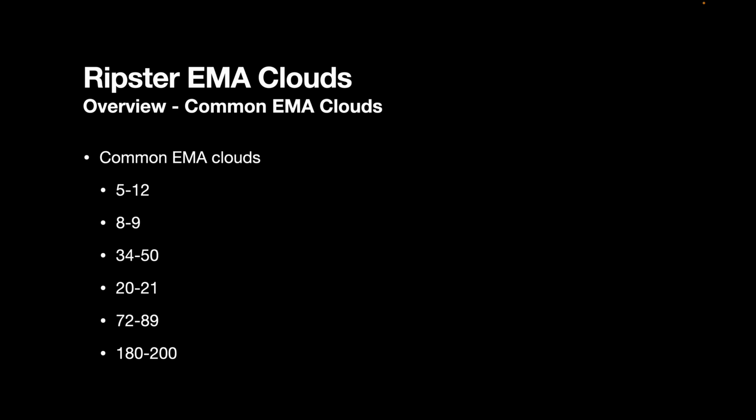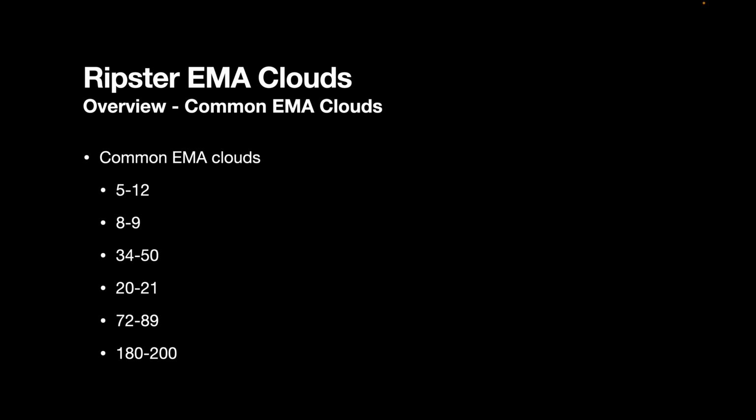So common EMA clouds, these are the ones that you'll typically find in Ripster's versions of the indicator, and I also have them in the one that I built for Thinkorswim. So you have the option of changing these however you want. I use the default ones that he uses. So there's a 5-12. You can add an 8-9, which is typically used for pullbacks. There's a 34-50, which is typically used for trend, and we'll talk a little bit about his golden rule and that EMA cloud.